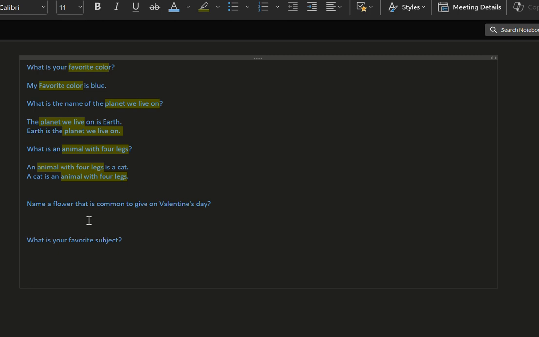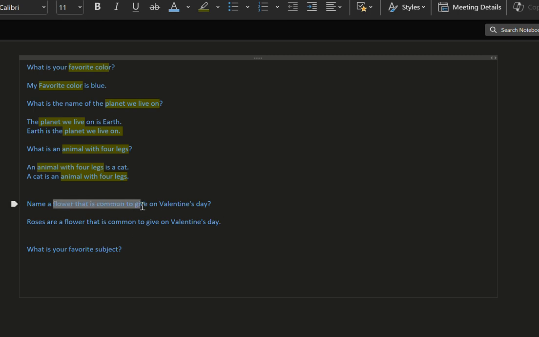Okay, so the next one is, name a flower that is common to give on Valentine's Day. So the easiest one is the nice, lovely red ones, aka roses. So it'd be like, roses are a flower that is common to give on Valentine's Day.